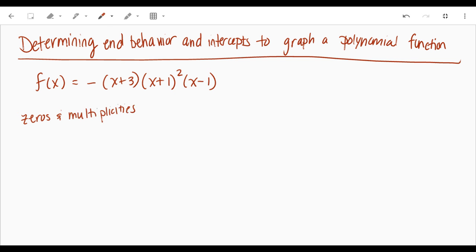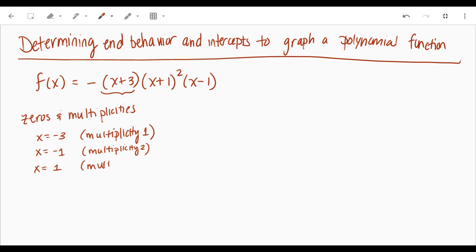So again, x equals negative 3 would be a 0 with multiplicity 1. x equals negative 1 is a 0 with multiplicity 2. And x equals 1 is a 0 with multiplicity 1. Now what that means is we're going to hit the x-axis at those points.